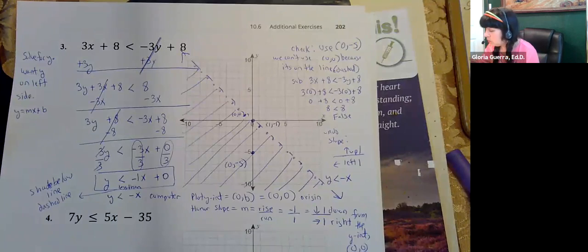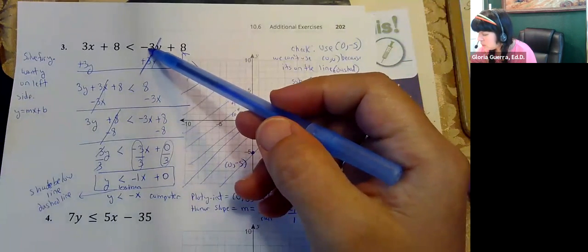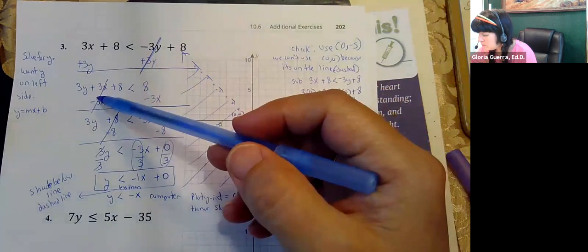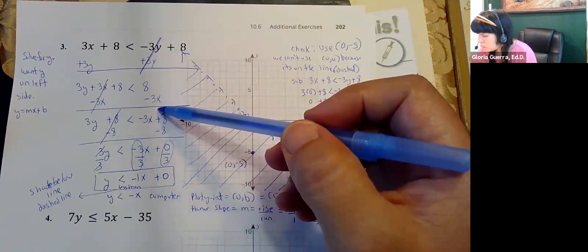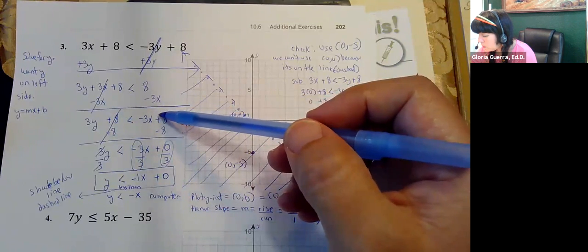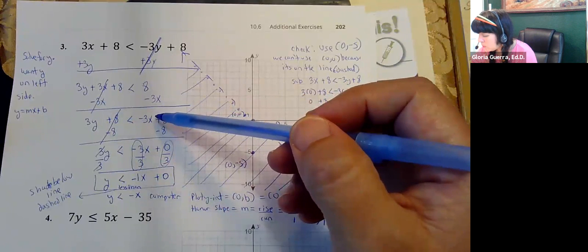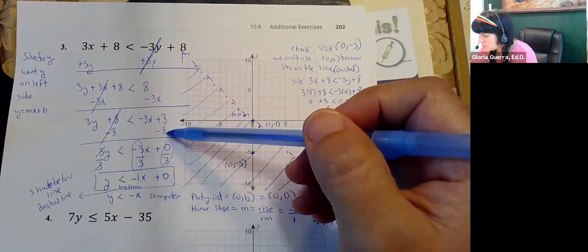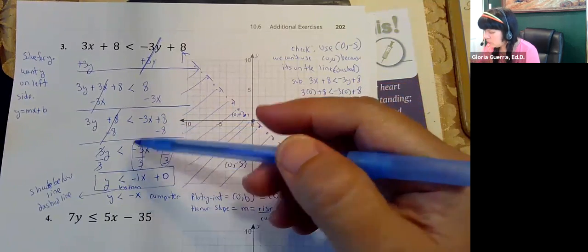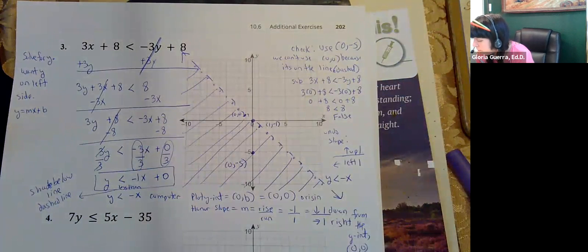Let's see. We subtracted the opposite of 3y, so we added 3y, subtracted 3x, subtracted 8, divided by 3. y is less than.